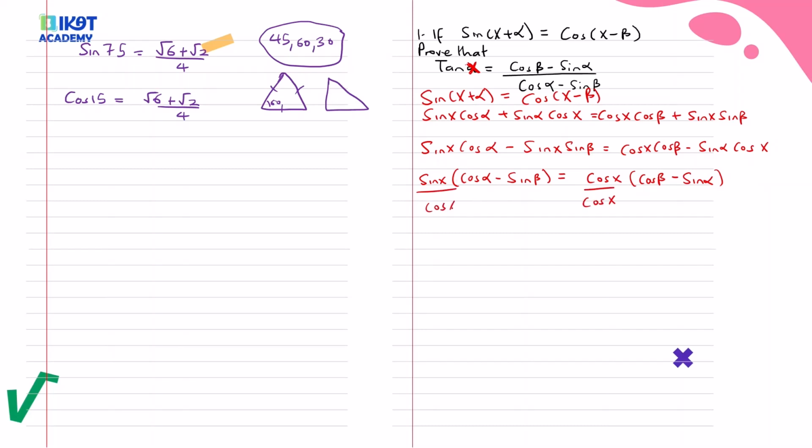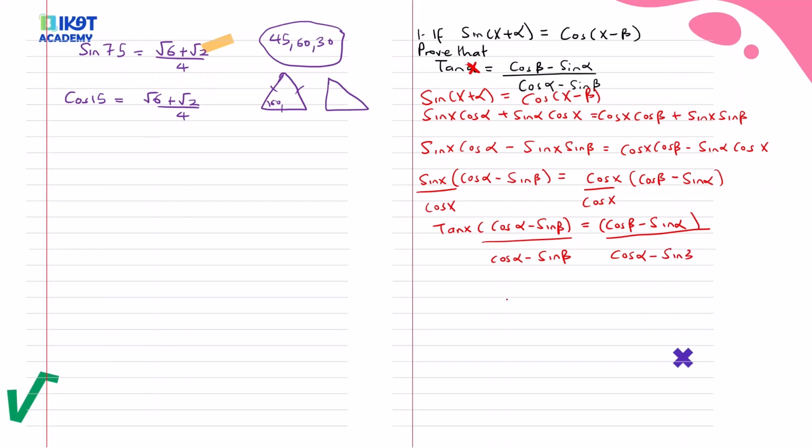So what do I have? I have tan x into (cos alpha minus sine beta) is equal to cos beta minus sine alpha. I can divide through by cos alpha minus sine beta.